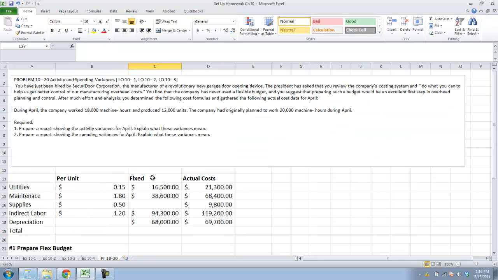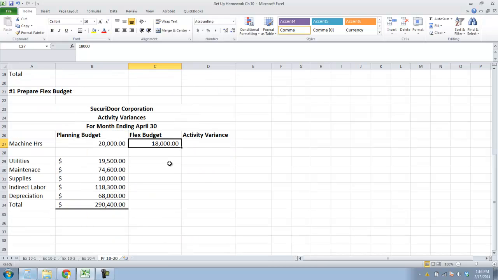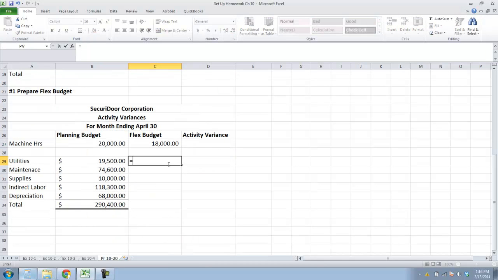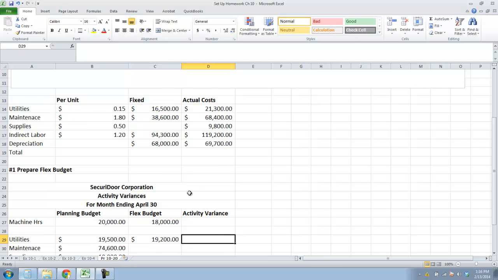Now in our flex budget, we actually had 18,000 machine hours. So now our utilities are, we open the parentheses, select the number of machine hours, hit F4, we multiply this by the variable column, we close our parentheses, and we add our fixed expenses.